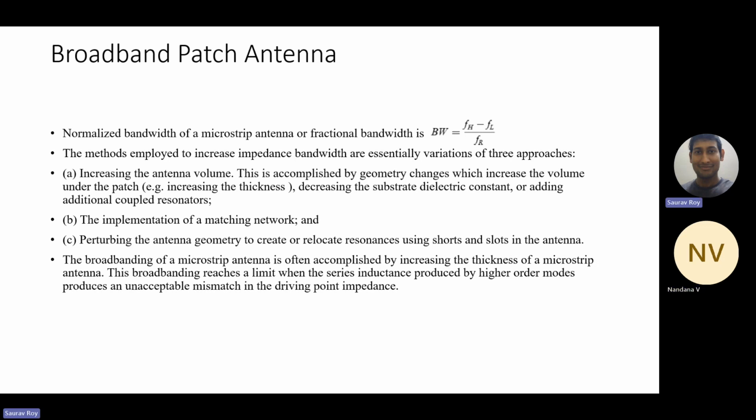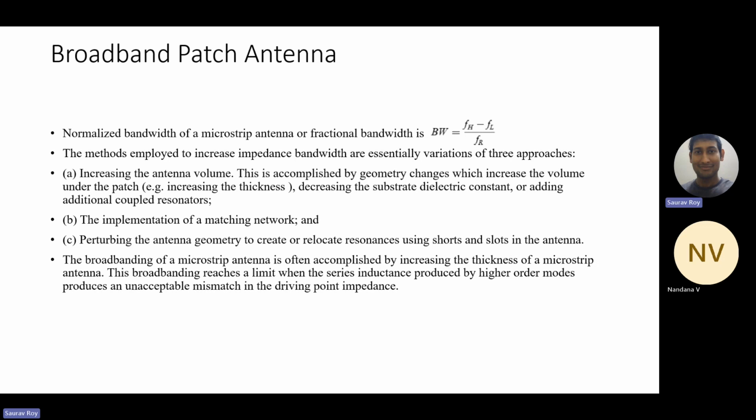Before that, let's see how the bandwidth is calculated. Generally we calculate it as normalized bandwidth or fractional bandwidth. The formula is FH minus FL divided by FR. FR is the resonant or center frequency, FH is the higher frequency around that, and FL is the lower frequency.